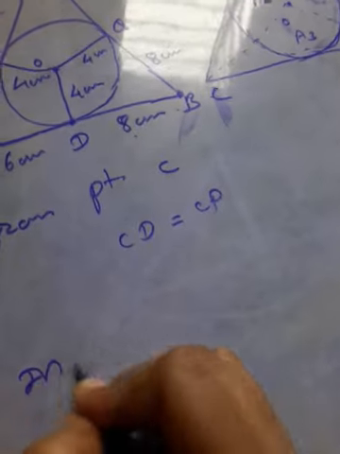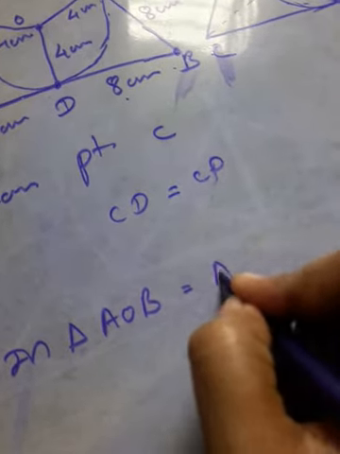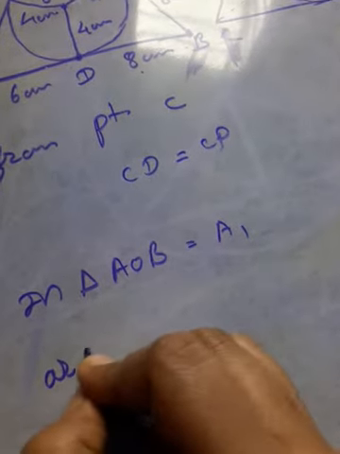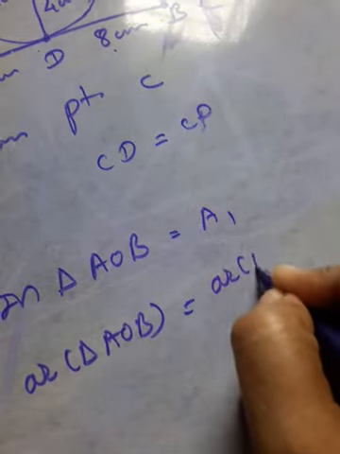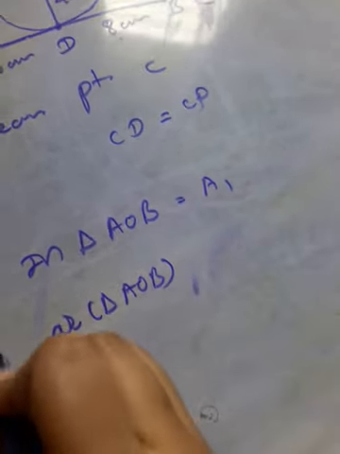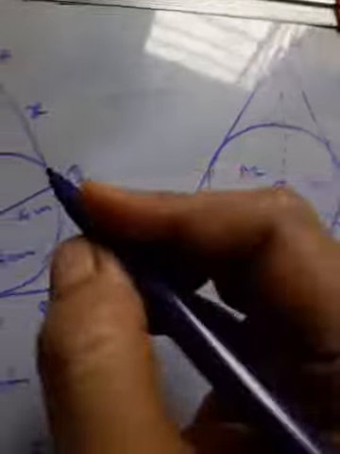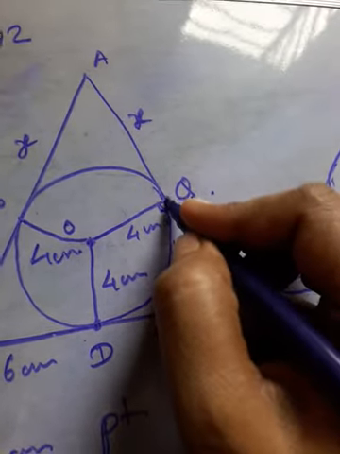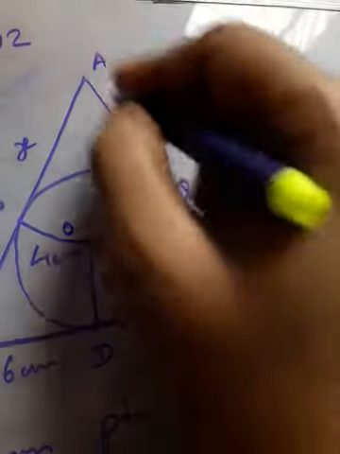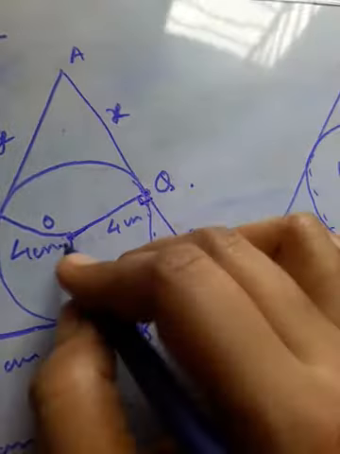So in triangle AOB, which is our triangle A1, the area of triangle AOB means area of A1. In this triangle the height is already given. Here the radius at the point of contact is perpendicular to the tangent, by the theorem about the tangent and the radius.